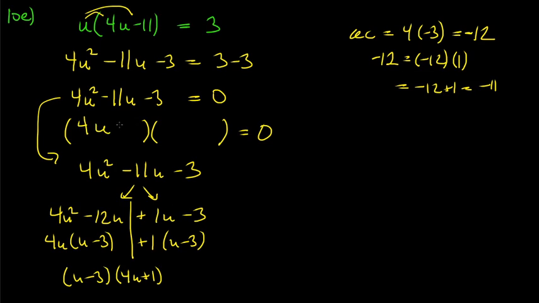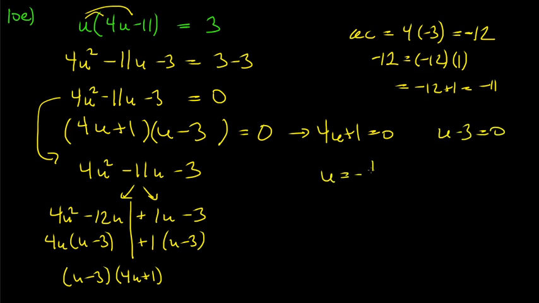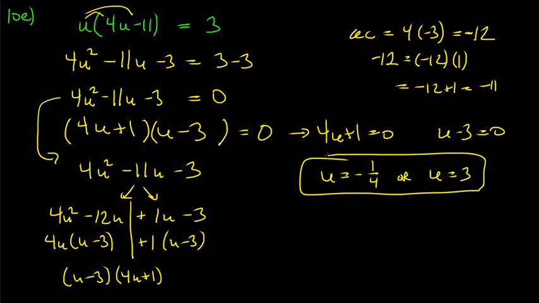So this is 4u plus 1 times u minus 3. And now you just set the factors equal to 0. And sure enough, you get u is negative 1/4, or u is positive 3. Okay, so that's part E.